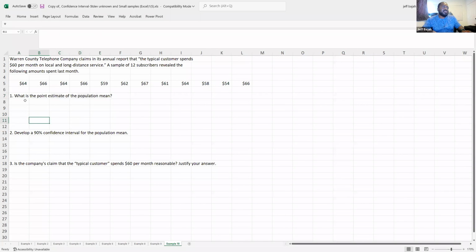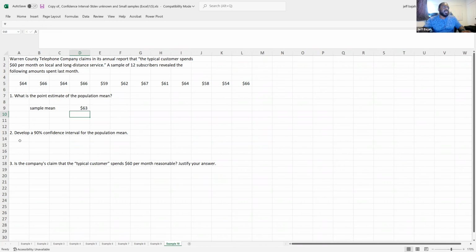So when you're asked to find the point estimate in a scenario, what they're asking you to do is find the sample mean, because that's the value we use to help us create a confidence interval, where we have some level of confidence that the population parameter, or in this case, the population mean, is contained in. And so this is just saying you should find the average of these values.